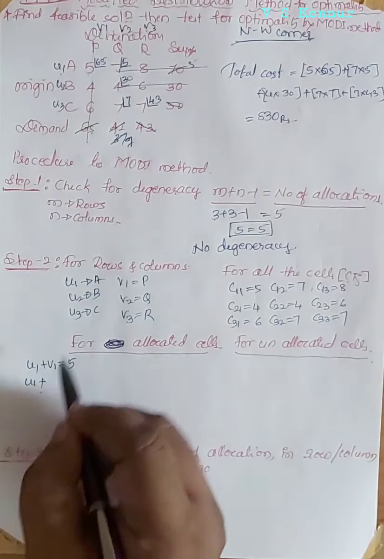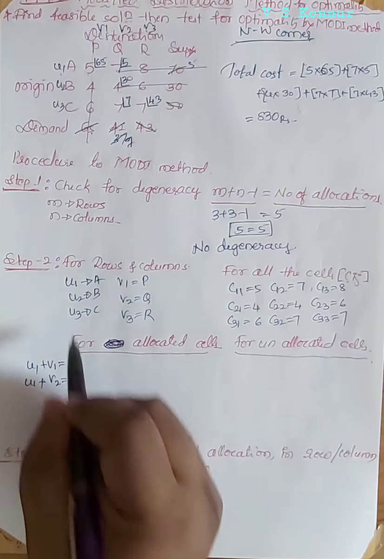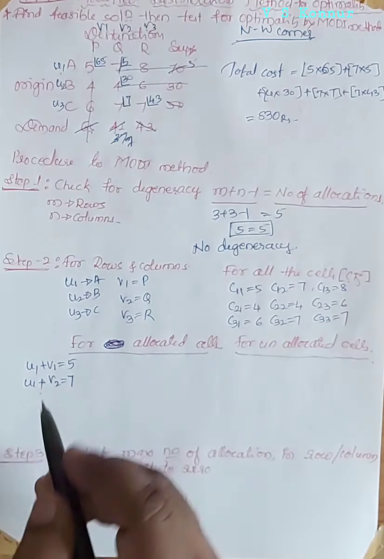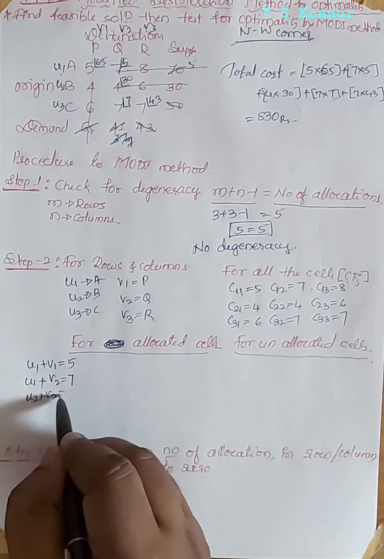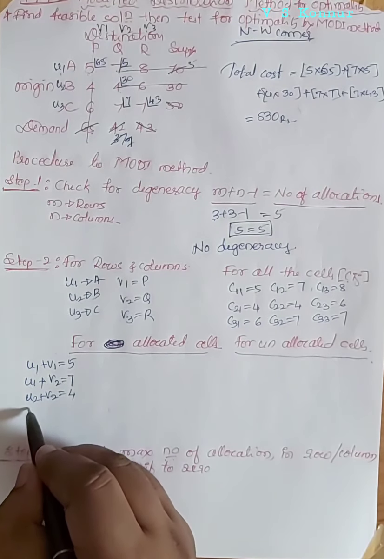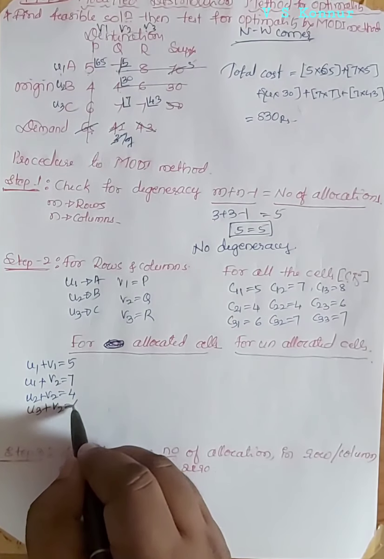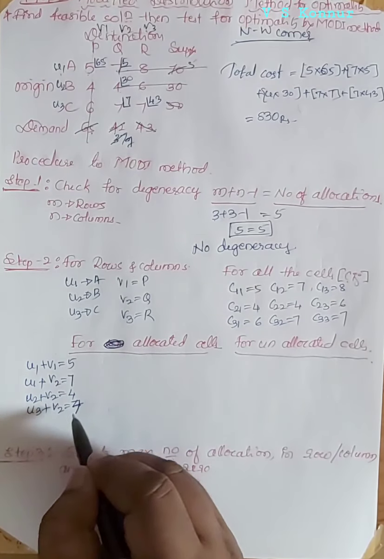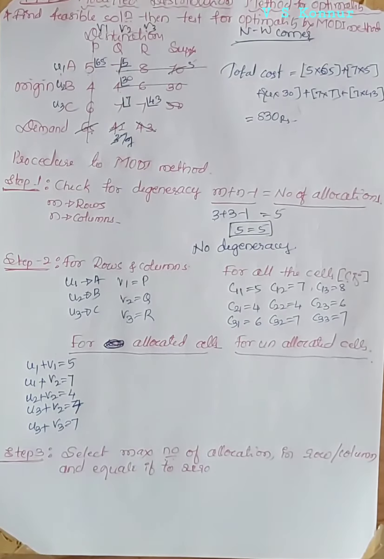Next, U1 plus V2 is equal to 7. In the same way, for the next allocation, U2 plus V2 is equal to 4. Next, U3 plus V2 is equal to 7. Next, U3 plus V3 is equal to 7.